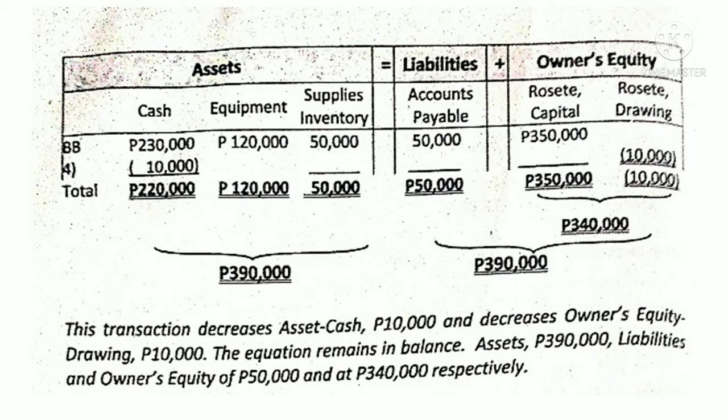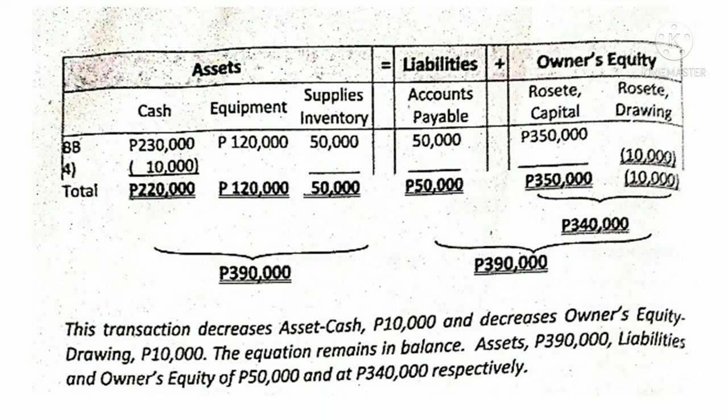So diri pud sa iyang owner's equity, no, kinahanglan magdeduct pud ta sa iyang capital. Kay syempre gikuhaan man niya iyang capital og 10,000, so dili na 350. Mag-minus ta og 10,000. So makita na to, no, nga ang total assets is equal to 390,000 pesos.